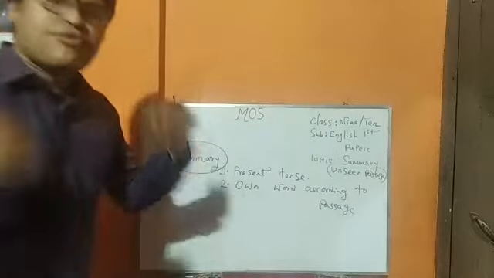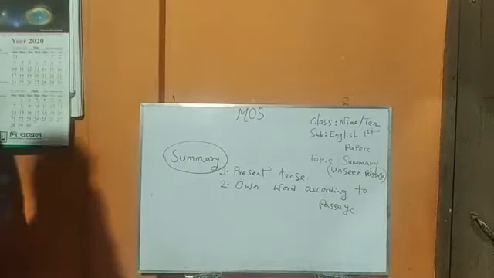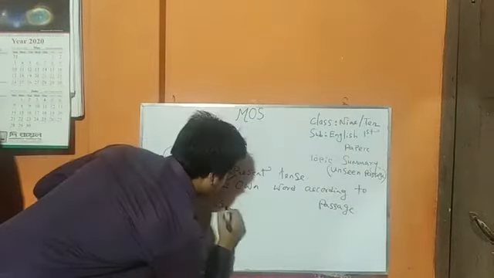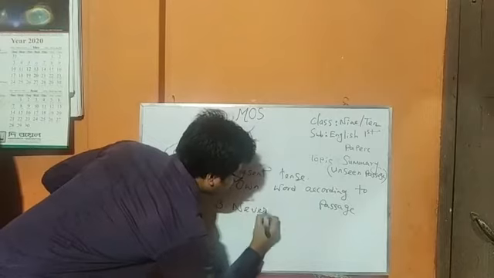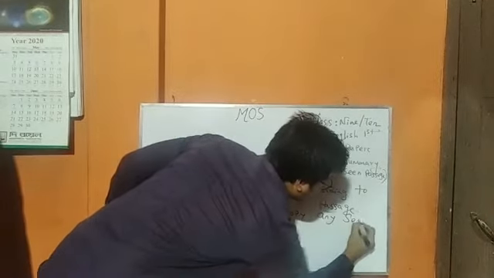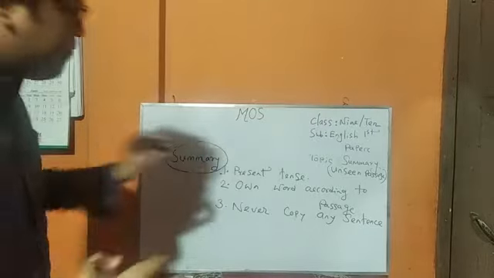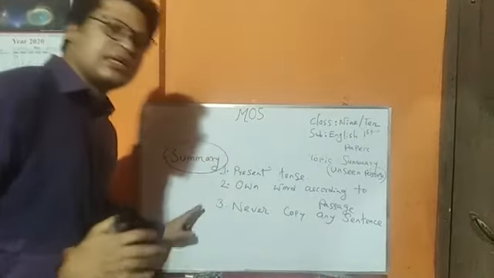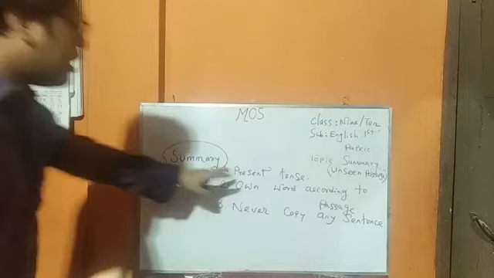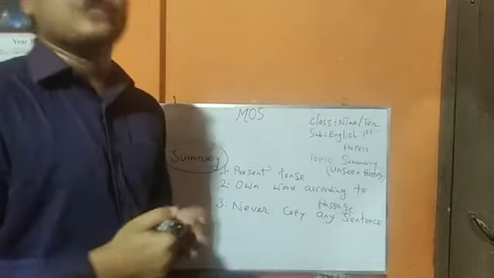Just write a summary according to your own words. Okay. Number 3, never copy any sentence from the passage. If you don't copy any sentence, then you can show your ability.